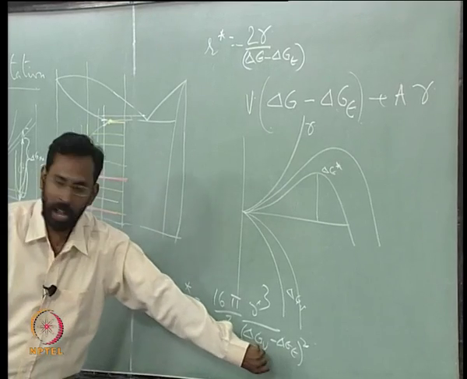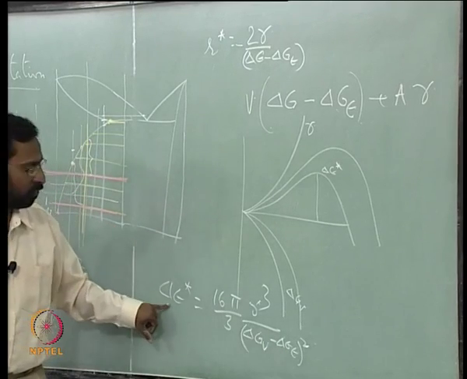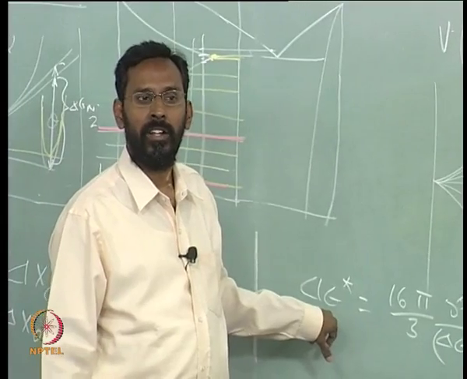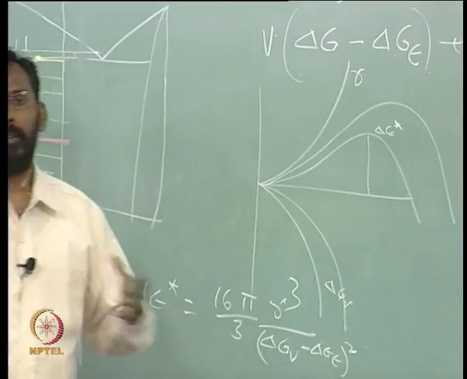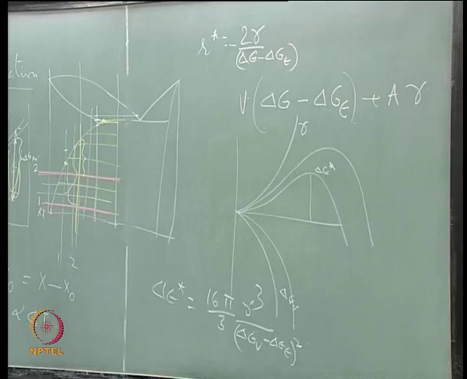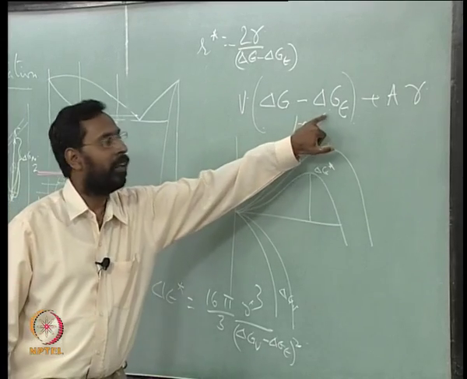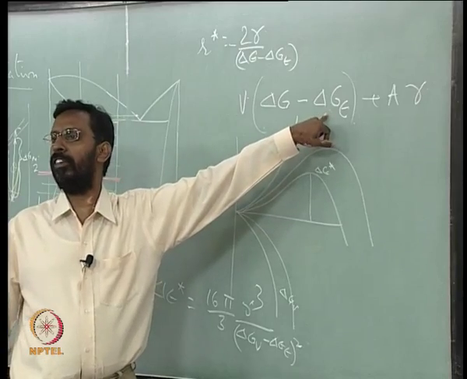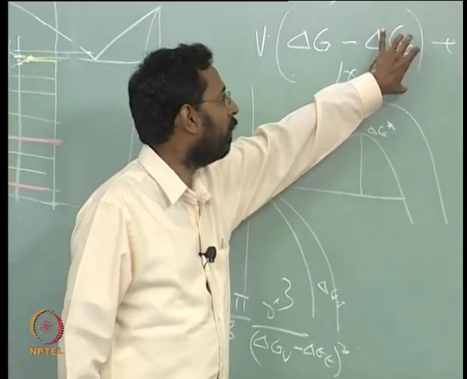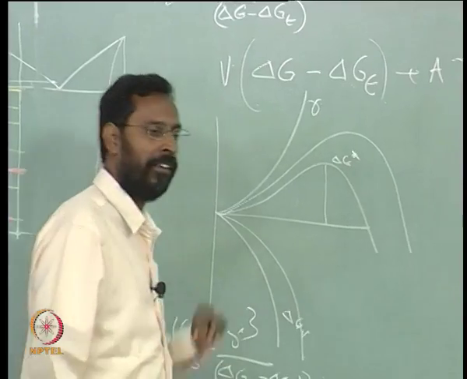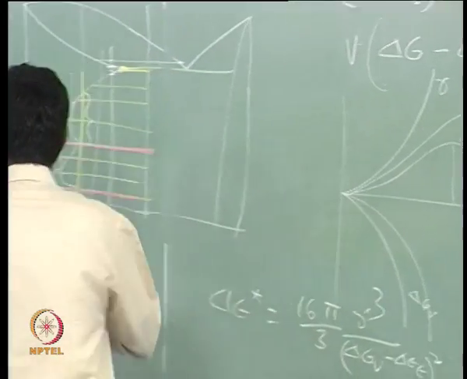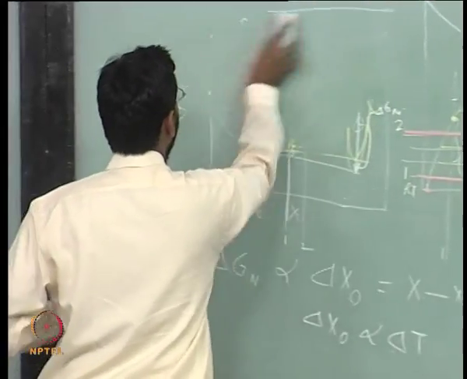Again, because this value is decreased, this value will be higher. So the moment we talk about solid state transformations, you need to consider the strain energy particularly, which is a new term that is coming up, and that new term will decrease everything.